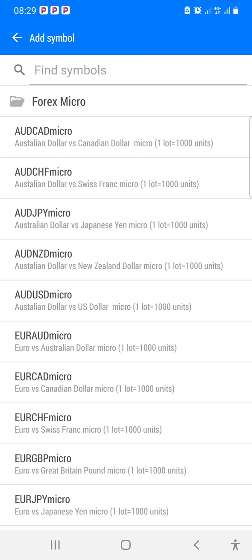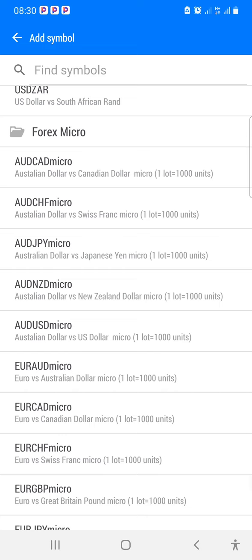So if you now want to trade, it means one lot is 1,000 units. What this means is that two standard lots will be 200,000 units.